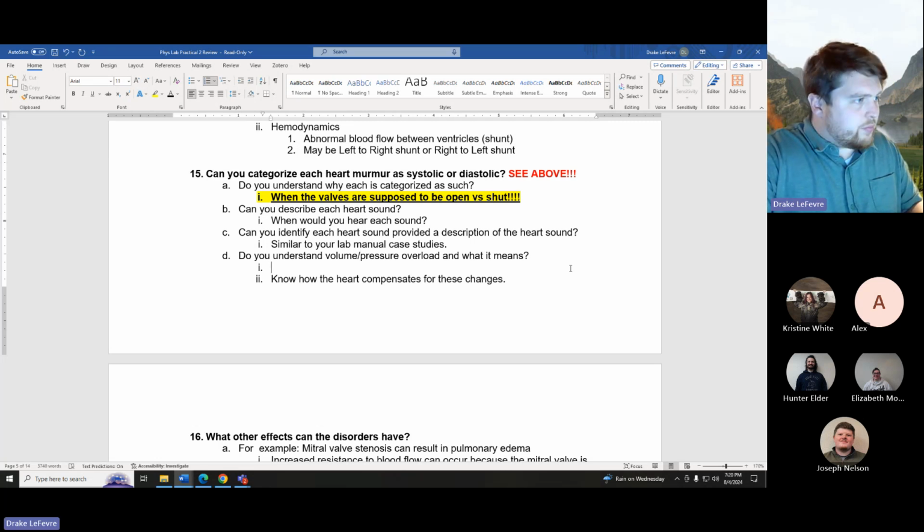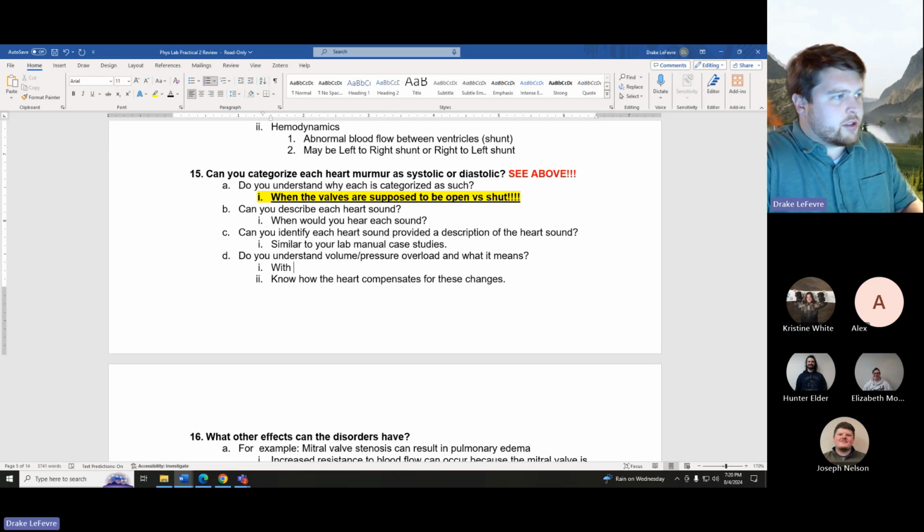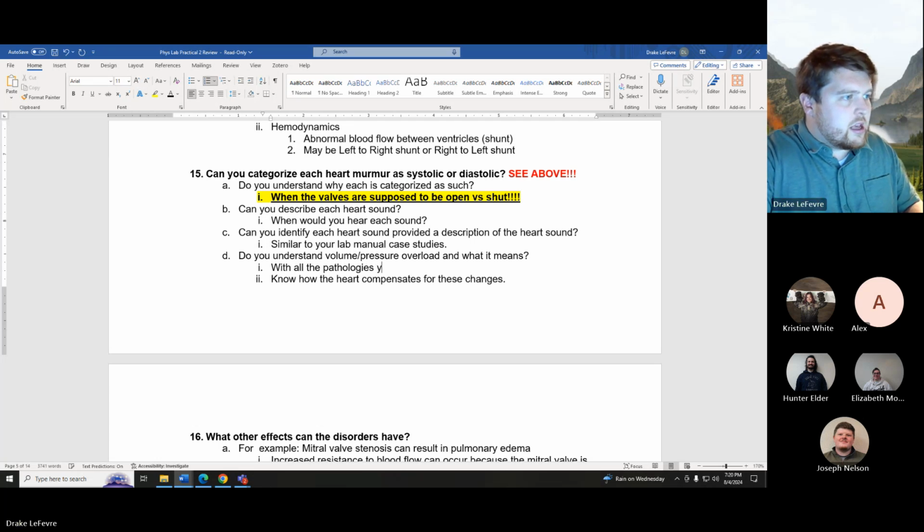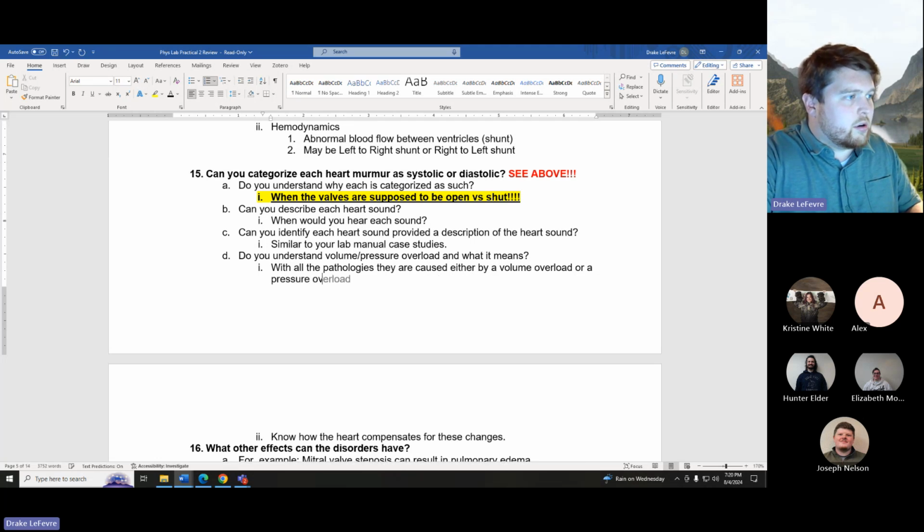So with volume pressure overload, with all the pathologies, they are caused either by a volume overload or a pressure overload.